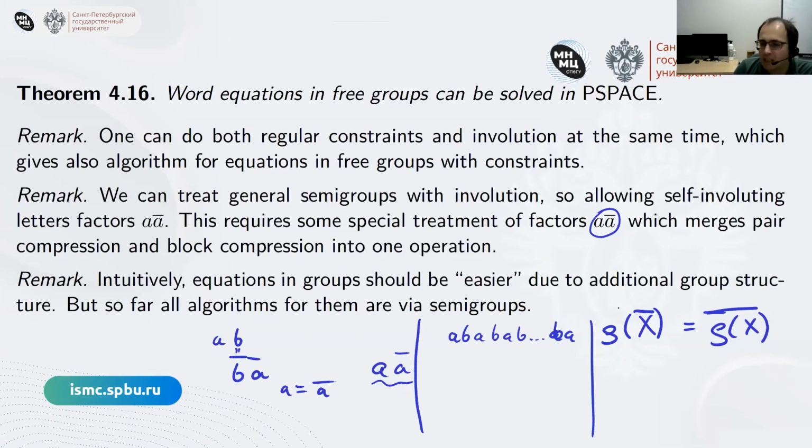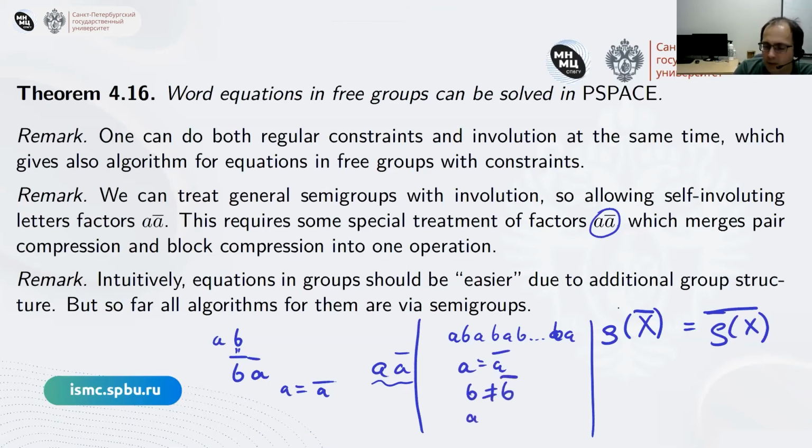Okay, but this is needed only when you allow self-involuting letters. So for the presentation, it's easier to skip those letters. And of course, some special treatment is needed when A is equal to A bar, but B is different than B bar.